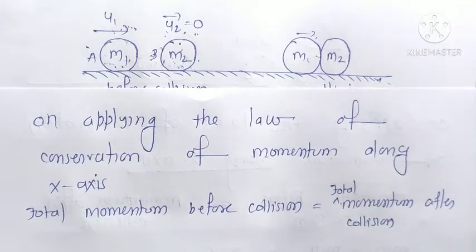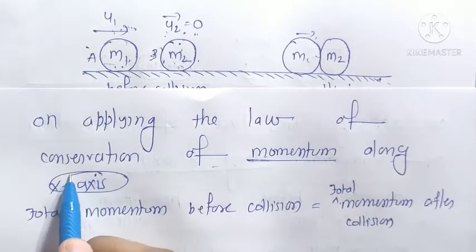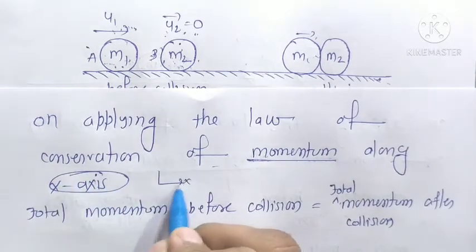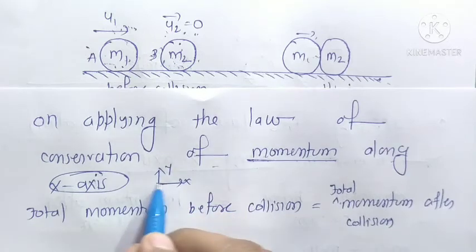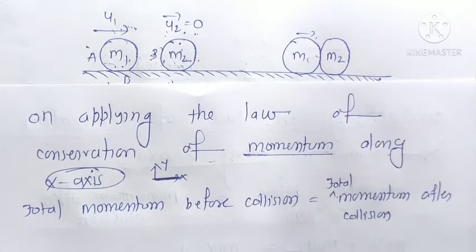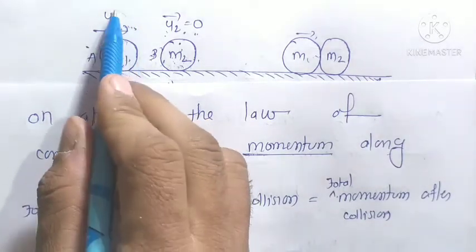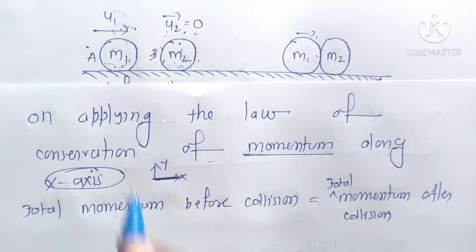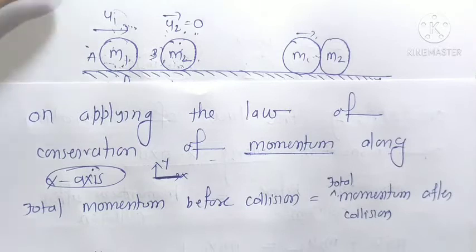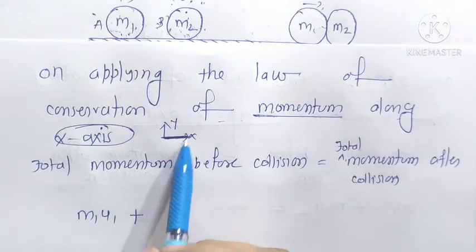So what is momentum? Mass into velocity. Here we take only the momentum along the x-axis. This is a 2D motion, x and y, but we take the momentum along the x-axis before collision and after collision. The first body has mass m1 and moves with velocity u1, so its momentum is m1 u1, plus the momentum of the second body.